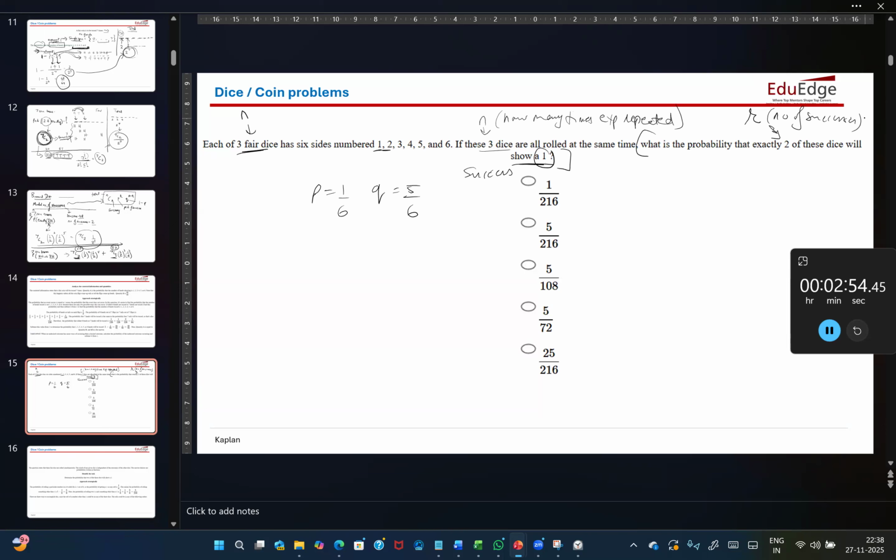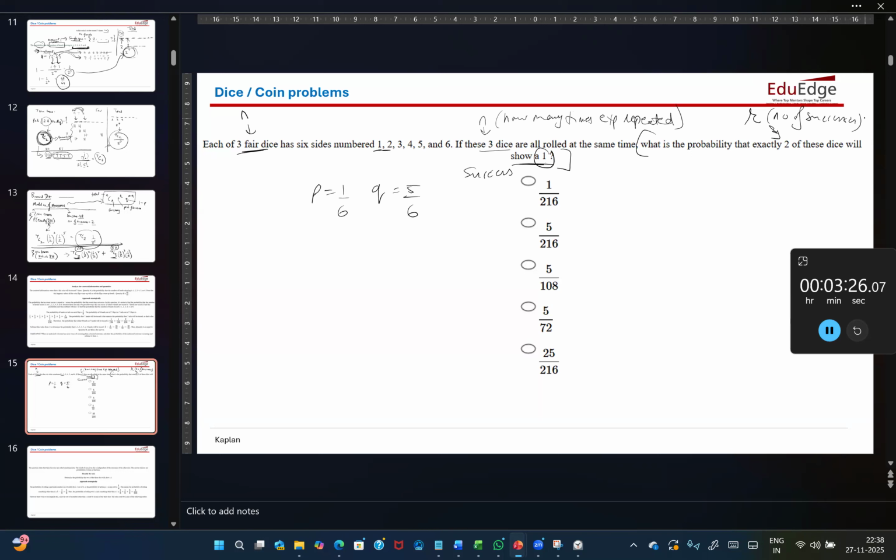Okay, so 3 by... How will you do it? One second. If I try the other way, these 3 dice are rolled at the same time. Probability that 2 of these show a 1. So, the same thing, right? 3 into 2 by 3. That would be the numerator. But the answer is 5 by 72.